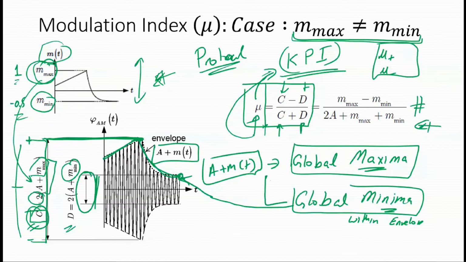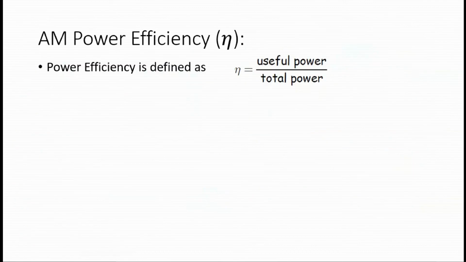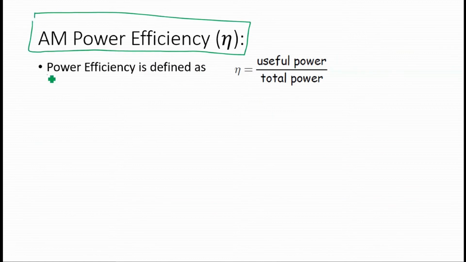So when we are discussing mu, which is the modulation index, how efficient is the system itself? We are giving a DC offset. So is the system efficient or inefficient? This deals with the concept which is generally referred to as AM power efficiency, or eta. Say this is our broadcast transmitting station, or base transceiver station.